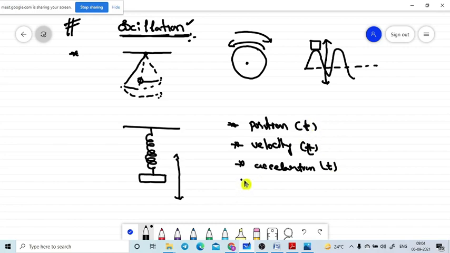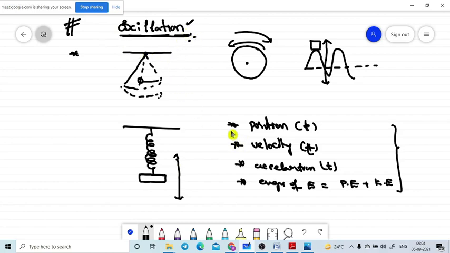We also need to know the energy of the object. The energy may be some potential energy and some kinetic energy of the object. These types of physical quantities we need to know about the object while the body is oscillating.